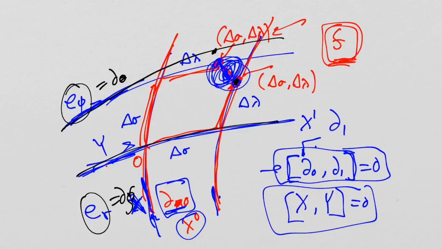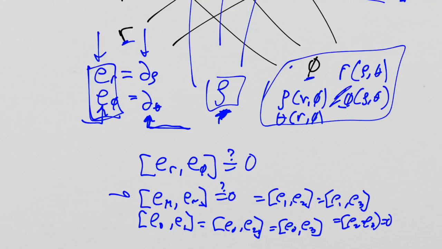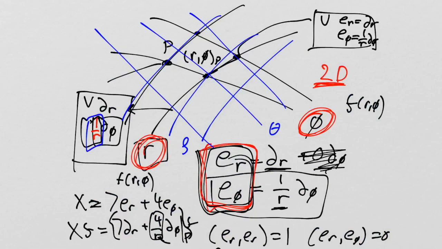I wanted to attack that question because we had just gone through this whole thing with the commutator, and I wanted to show you how a non-holonomic basis actually exploits this issue. If you have a proposed basis vector field, in this case E_phi and E_r, given by this expression here, 1 over r partial phi and partial r, the question is, is there a coordinate system where these will be just simple, easy coordinate bases?